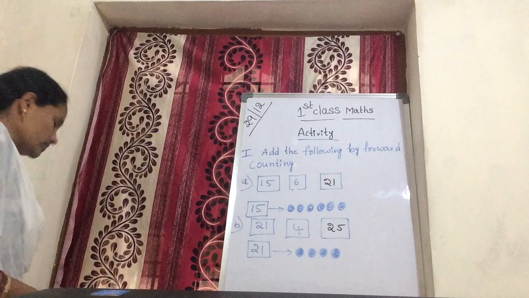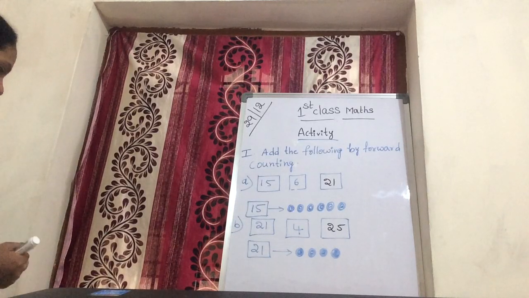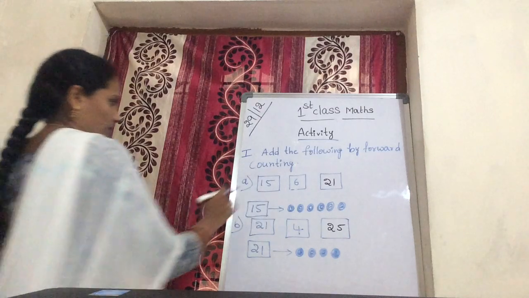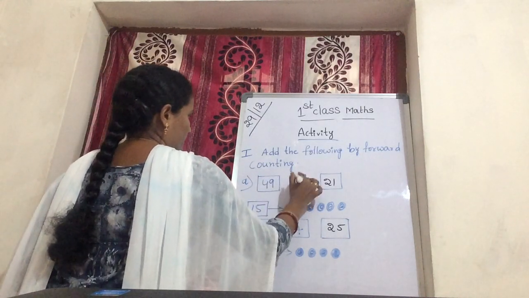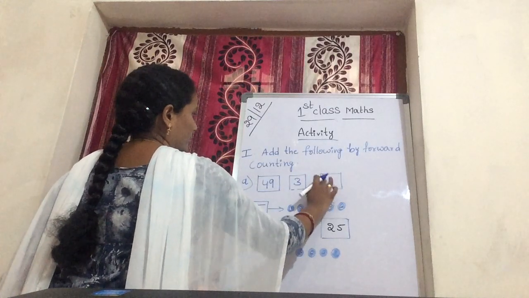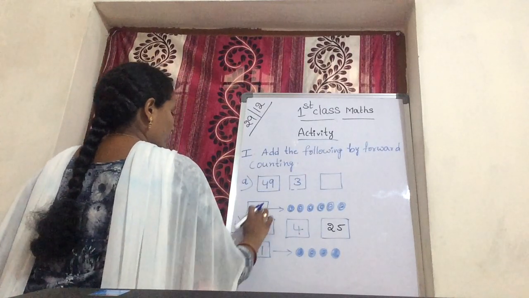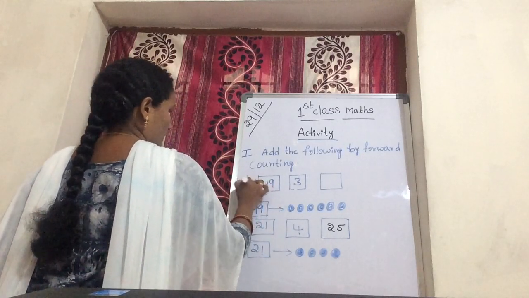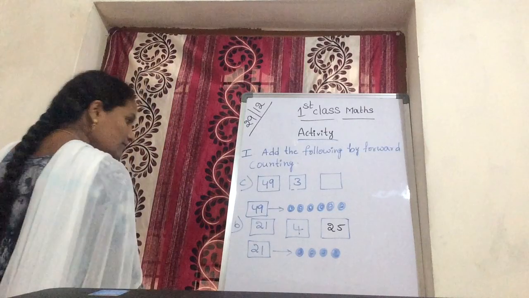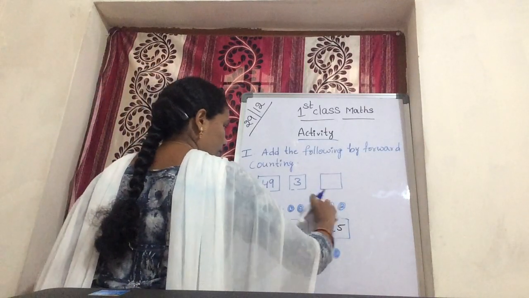Now one more. Next one is 49 plus 3. You get how much? Write in this box. Here 49, and you take only 3. You are taking how many balls? Only 3 balls.